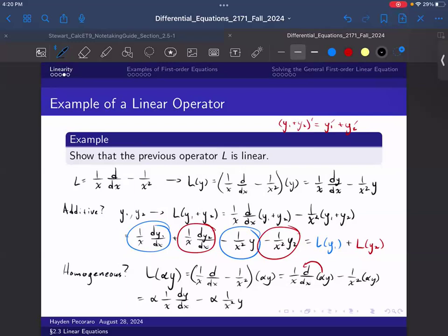And then we can factor out alpha from everything. So we'll have alpha times 1 over x dy dx minus 1 over x squared y. And that looks like L of y.